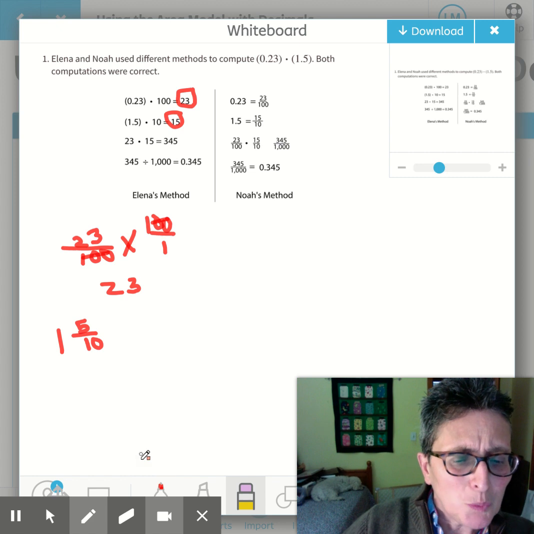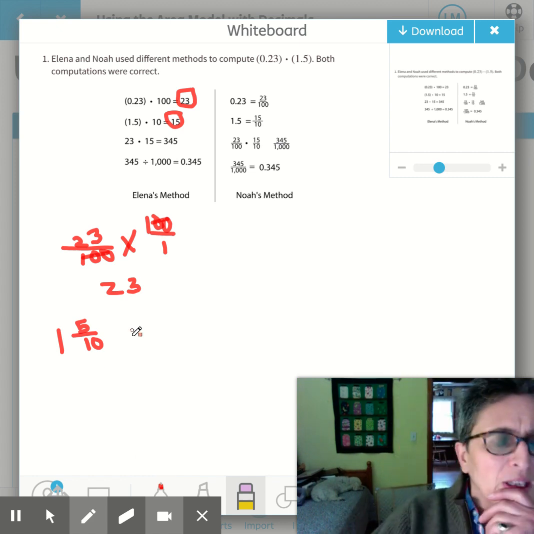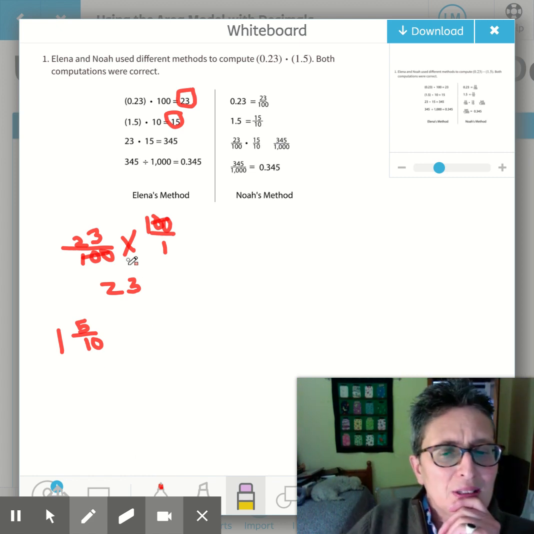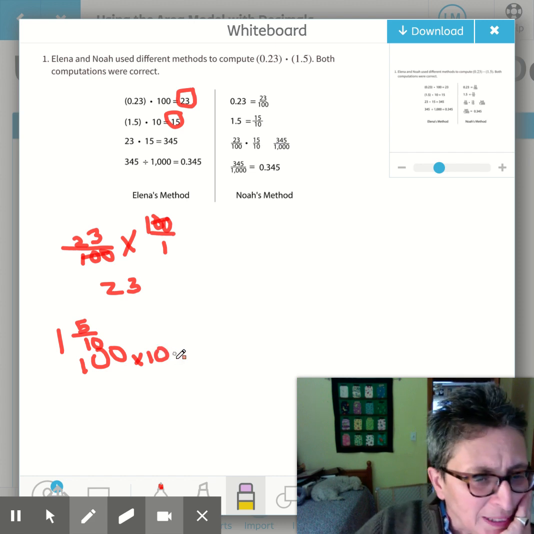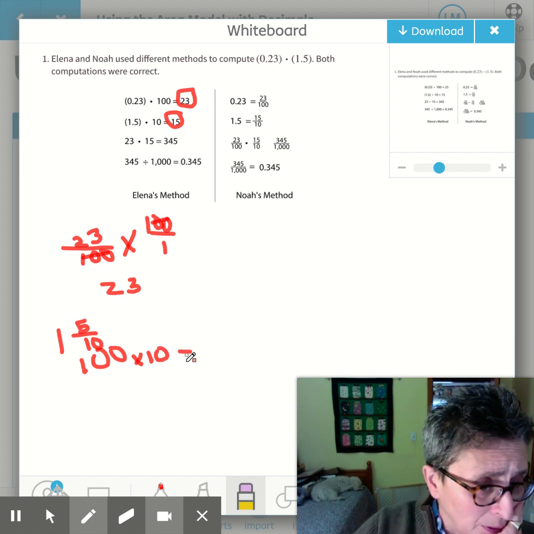I was again wondering where that 1,000 came from, and I realized it came from the 100 and the 10. Because she had multiplied by 100 and by 10, she now had to divide by those numbers. She could have divided by them one at a time, but instead she multiplied them to get 1,000.